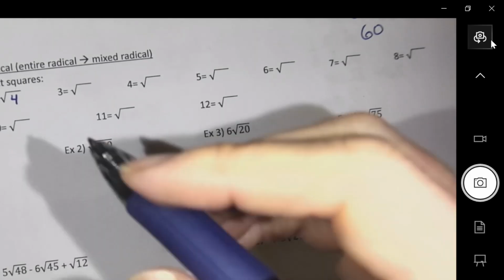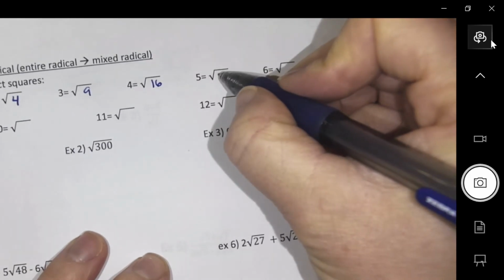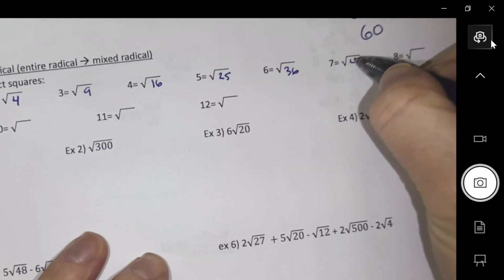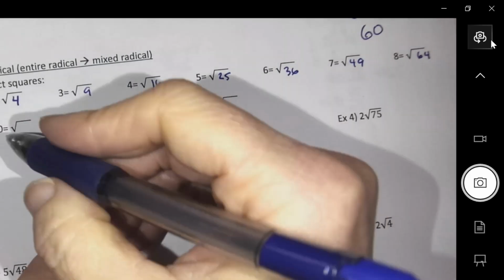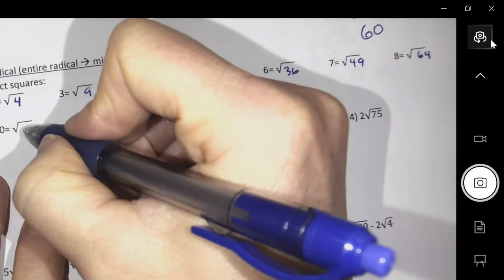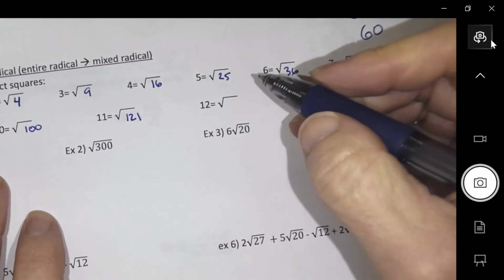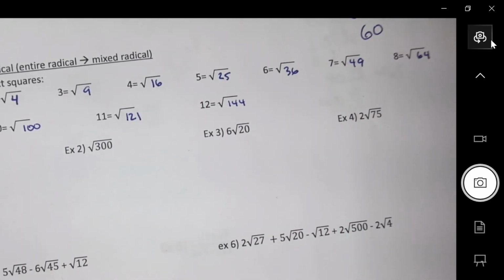What's next? 9, 16, 25, 36, 49, 64, 81, 100, 121, and 144. How high can you go?